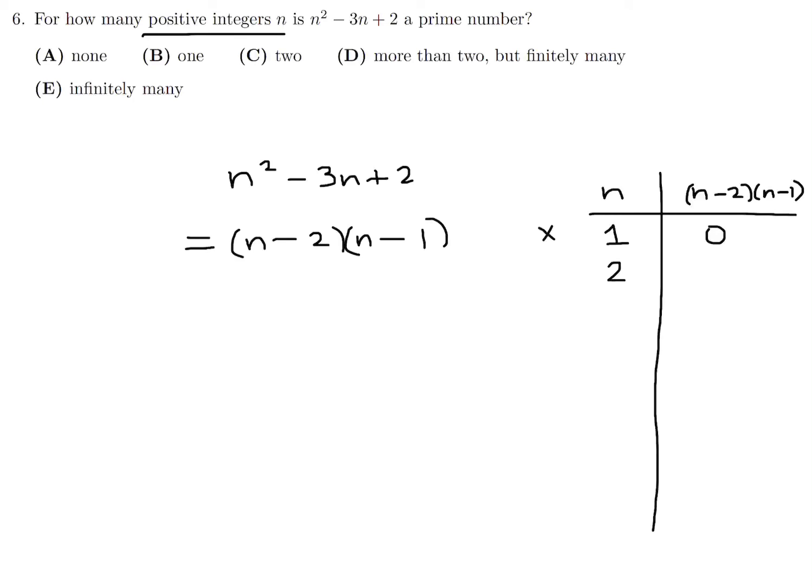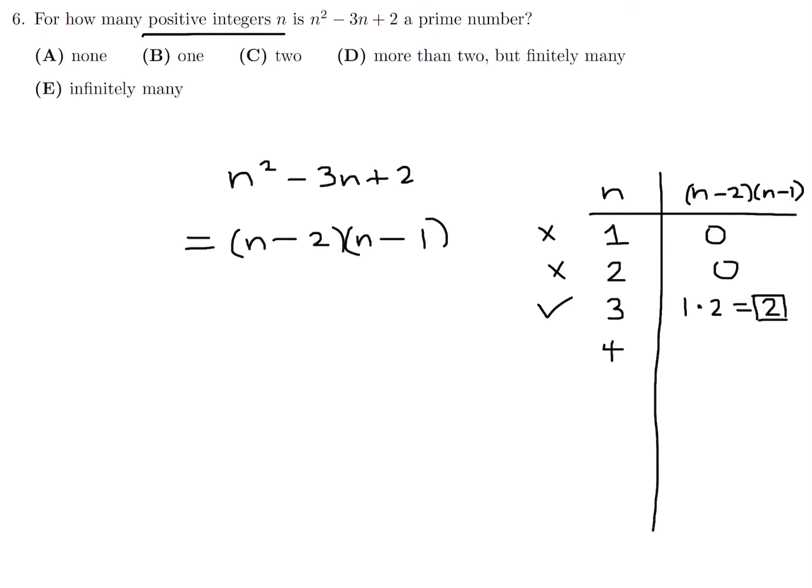If n is 2, this becomes 0 again. If n is 3, it becomes 1 times 2, which is 2. Is 2 a prime? Yes, it is. 2 is a prime number. It's the smallest prime number. Let's keep going.